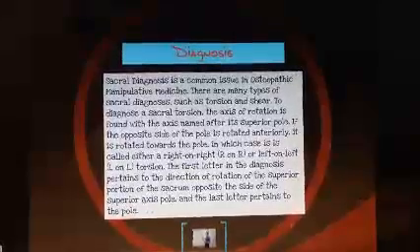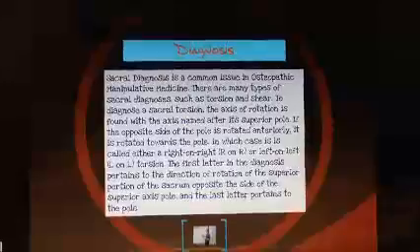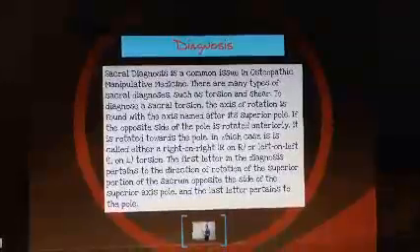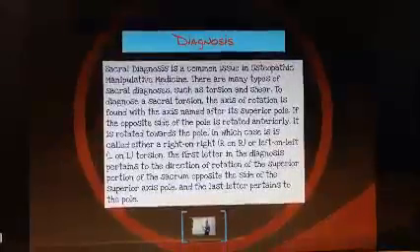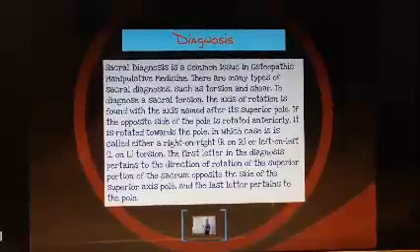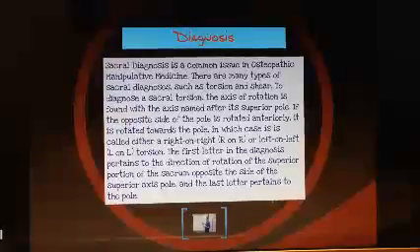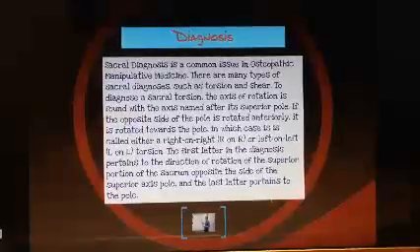Diagnosis. Sacral diagnosis is a common issue in osteopathic manipulative medicine. There are many types of sacral diagnosis, such as torsion and shear. To diagnose a sacral torsion, the axis of rotation is found with the axis named after its superior pole.